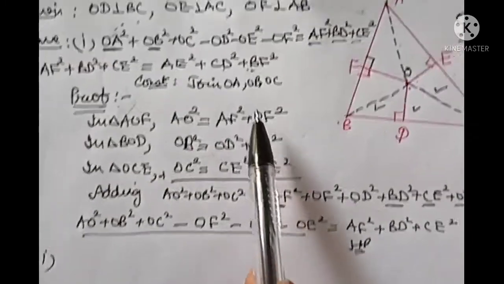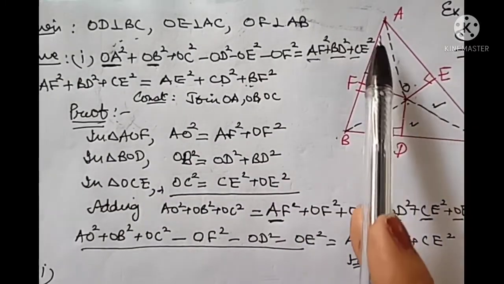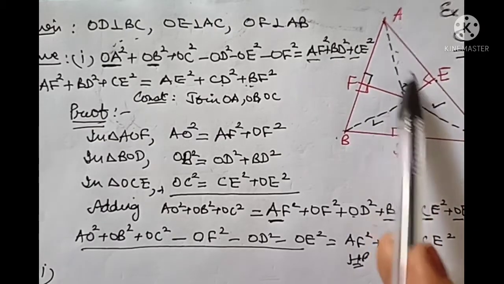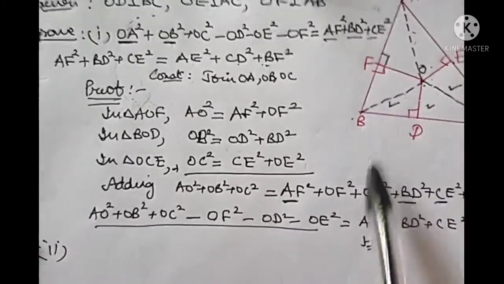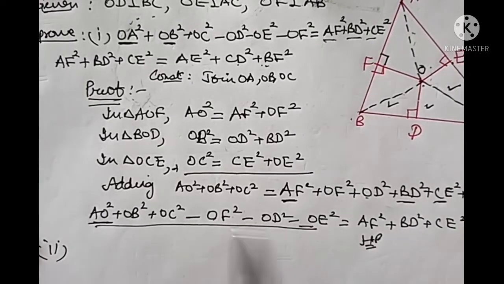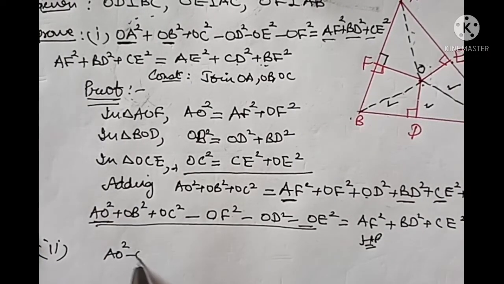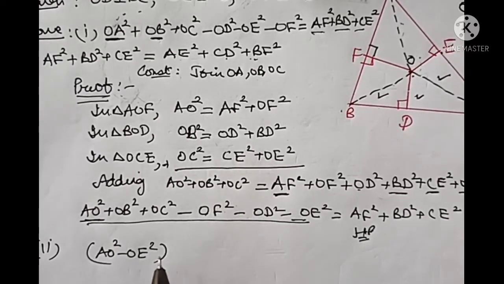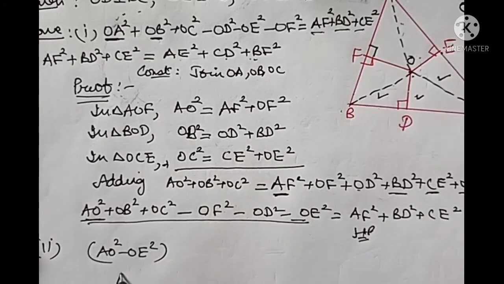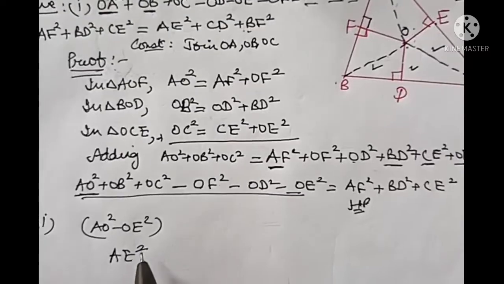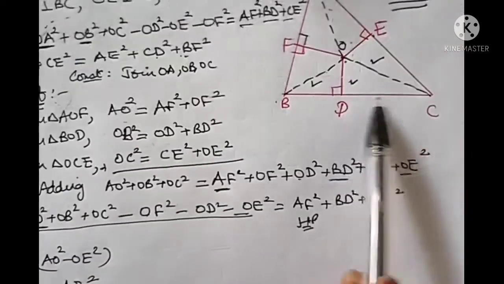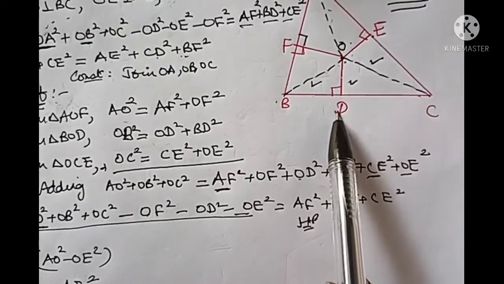Now AE square may be written as AO square minus OE square. You can see that in this triangle AO is the hypotenuse. So if I combine AO square minus OE square in the above statement, so first I am increasing one step, I am just combining them, not doing anything else. This will become AE square in the next step. Similarly, I want CD square. So CD square is CO square minus OD square.